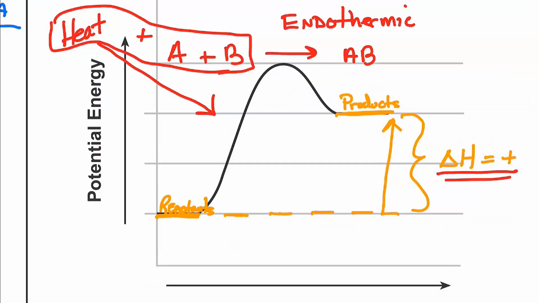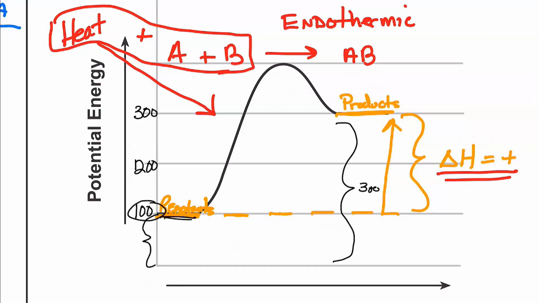Okay, and clearly, as the question states, every single what? Change or integer here, or I guess graduation, is 100 kilojoules. So this would be 200, this would be 300, and so you can see that we're starting with 100 kilojoules, and the potential energy of the products is 300, and the potential energy of the reactants is 100.